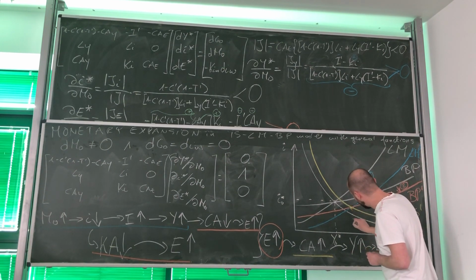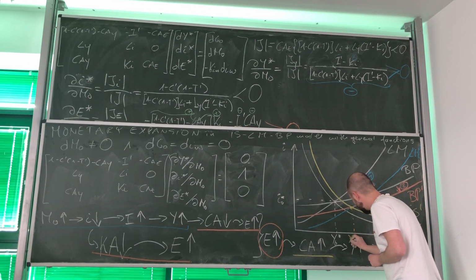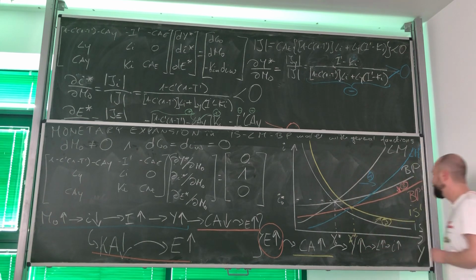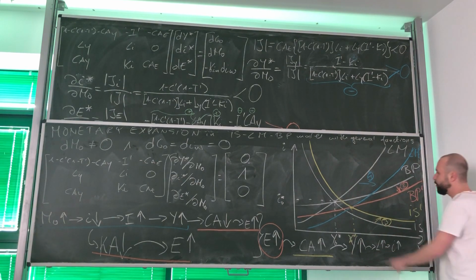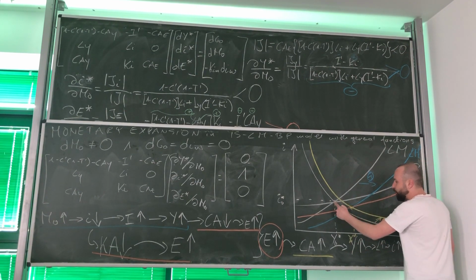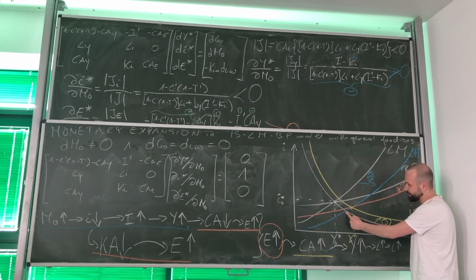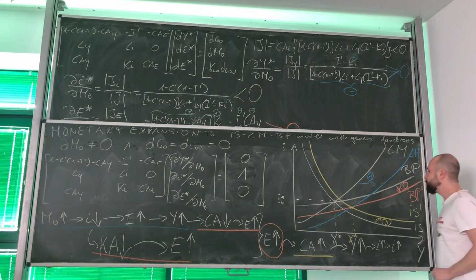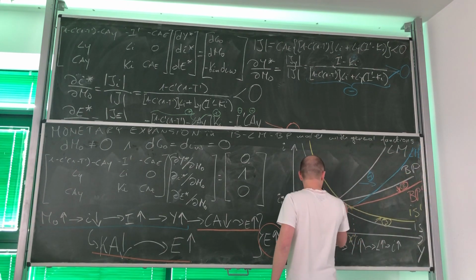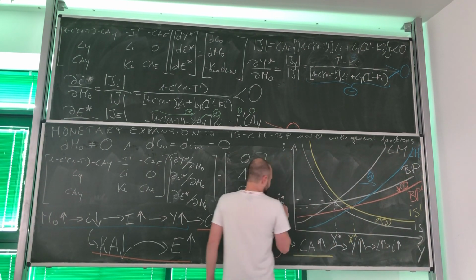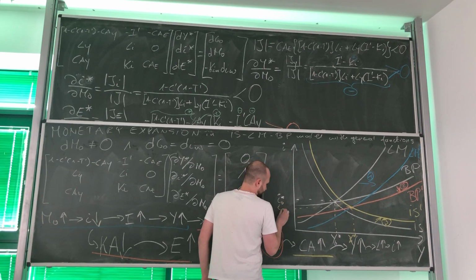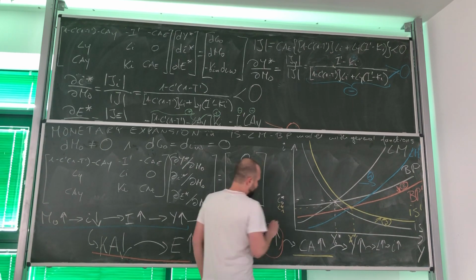Look, this new equilibrium has higher GDP than the one we had at the beginning, but also it has higher GDP than we would have in a closed economy. However, with the interest rate, it's a little bit different. The interest rate is lower than we had it initially.